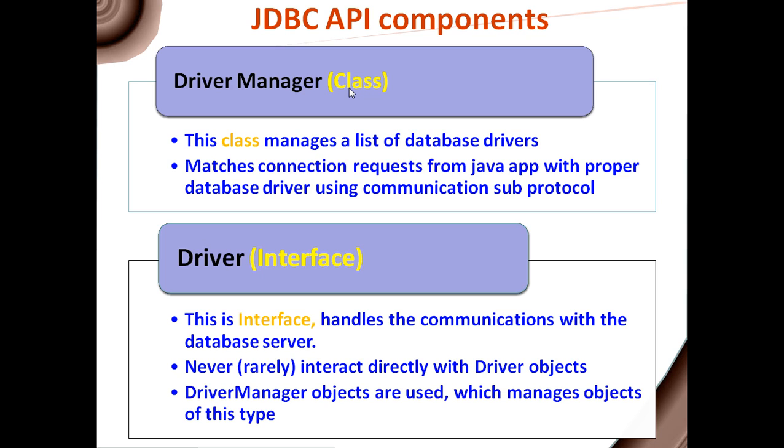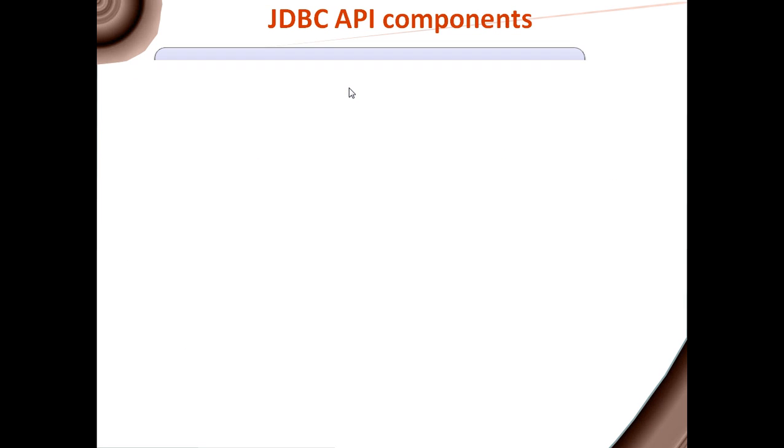You are going to use DriverManager objects, which manage the objects of this type. So first is the class DriverManager, second is the Driver, which is an interface. We are going to rely on DriverManager, and the code will demonstrate that.